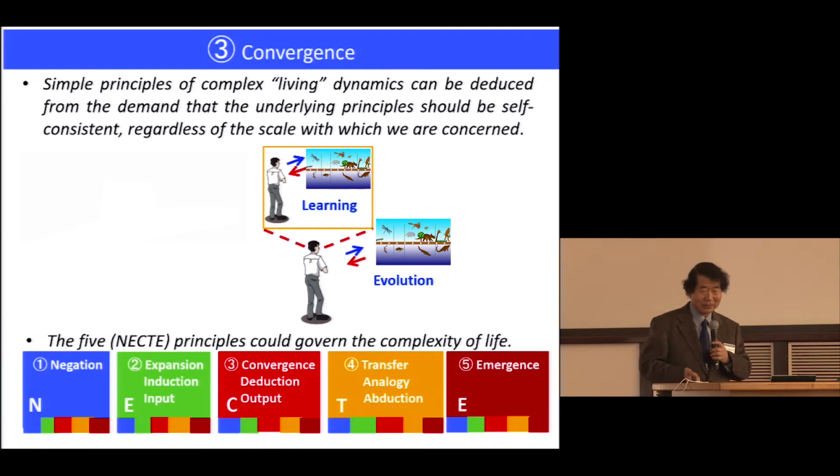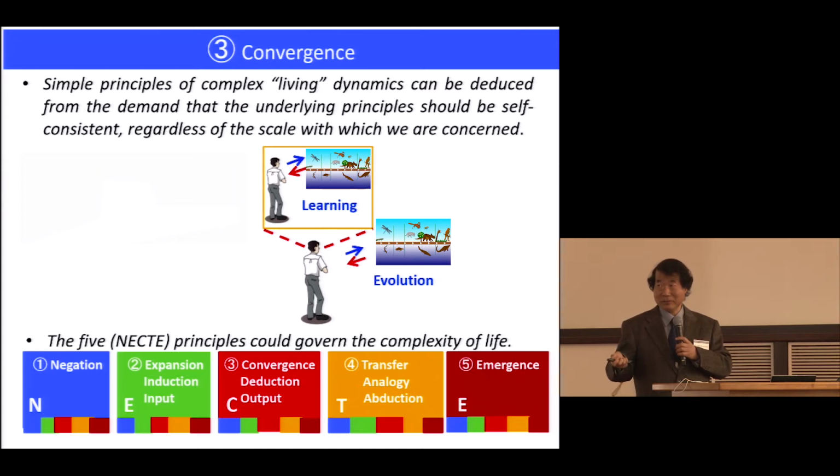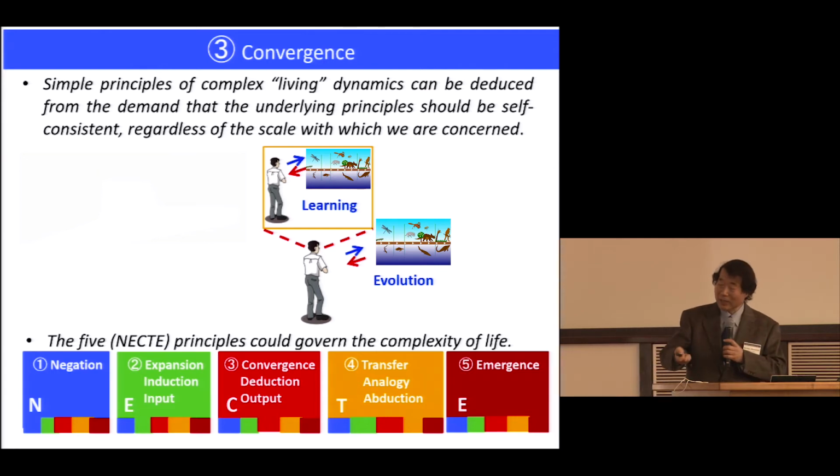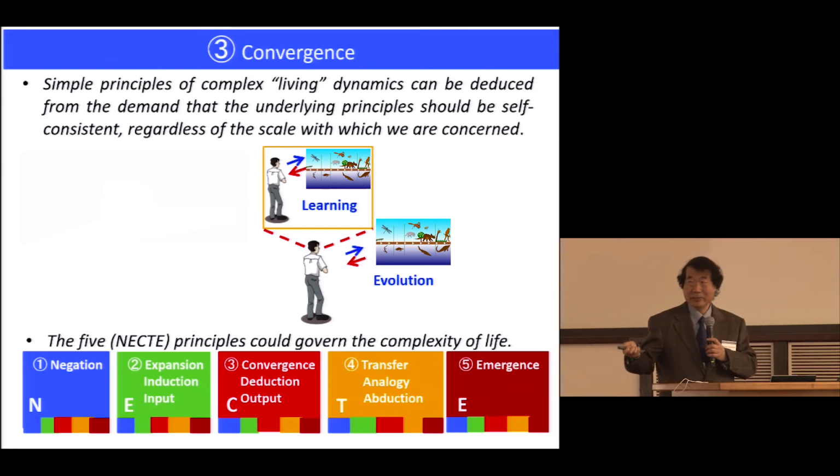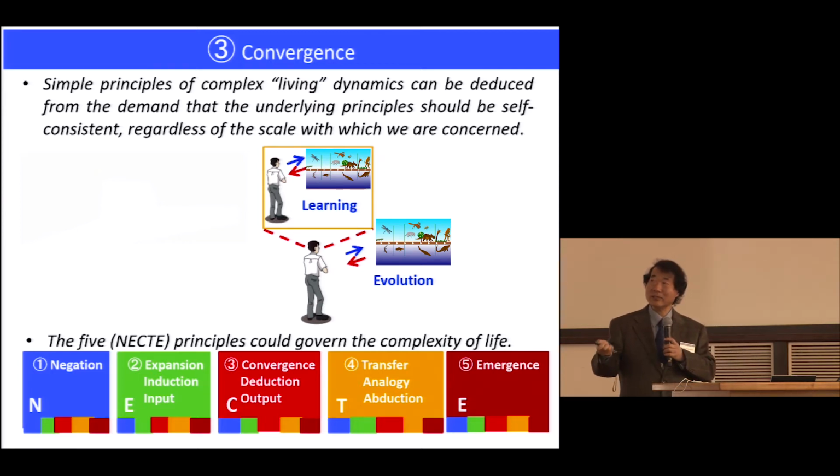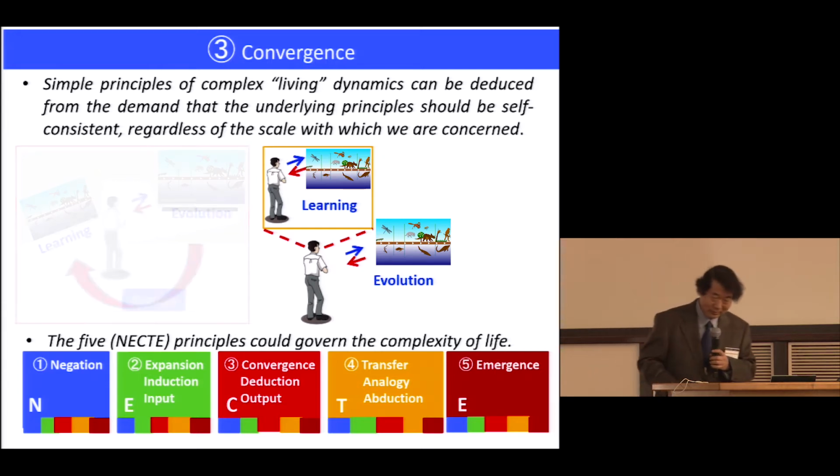Now consider convergence. Actually, I'd like to show you the conclusion, but in order to get the conclusion, we are using these principles. It is a sort of dilemma, as this picture shows.